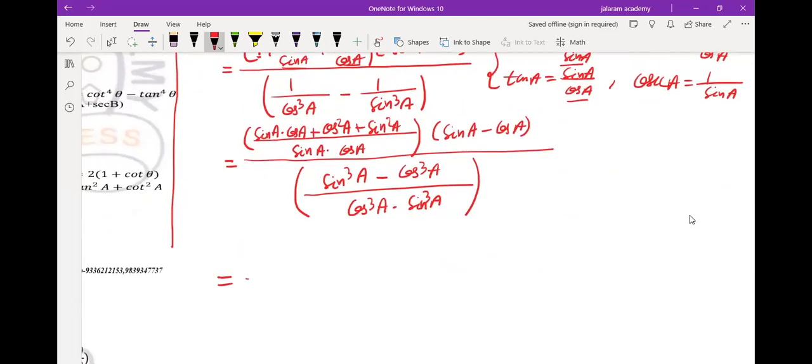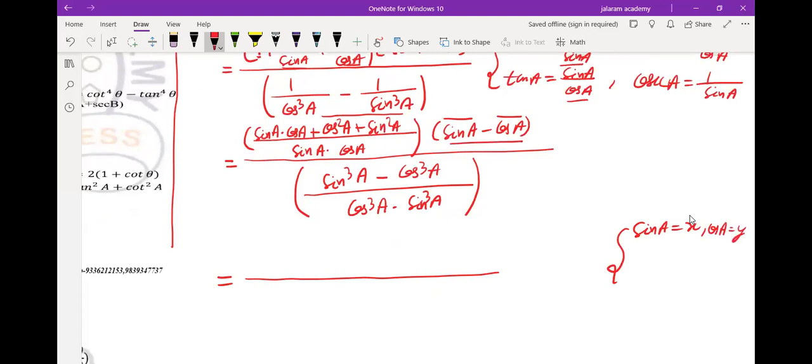Now, we know that sin²A plus cos²A equals 1. And we usually use this. But sometimes we can use other things also. Like in this question, if you assume that sin A equals x, cos A equals y, then the numerator is x minus y, and this sin²A plus cos²A is x² plus y², and sin A into cos A is xy.